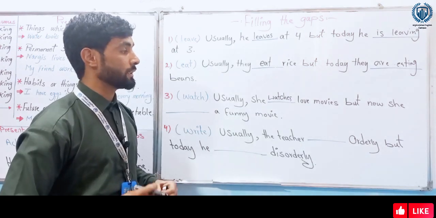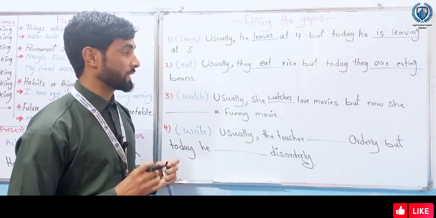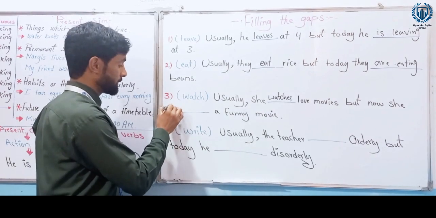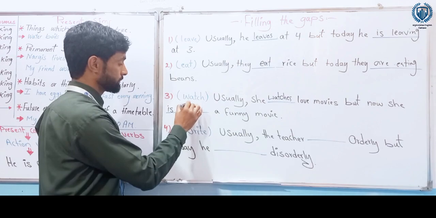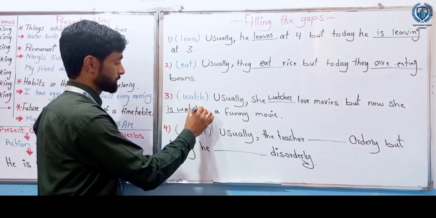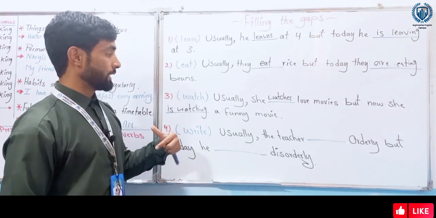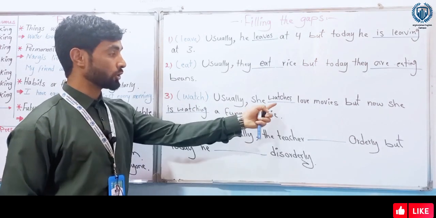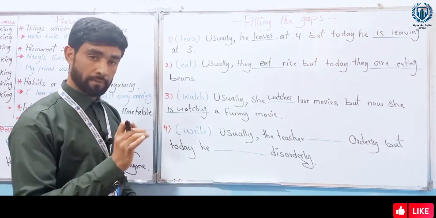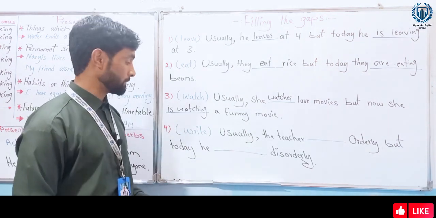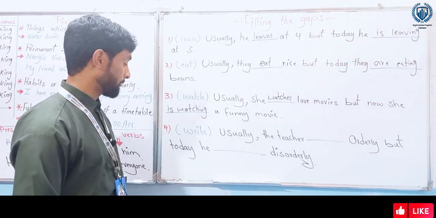She watches love movies, but now she is watching a funny movie. So her habit is watching love movies, but for right now, at the moment, she is watching a funny movie.